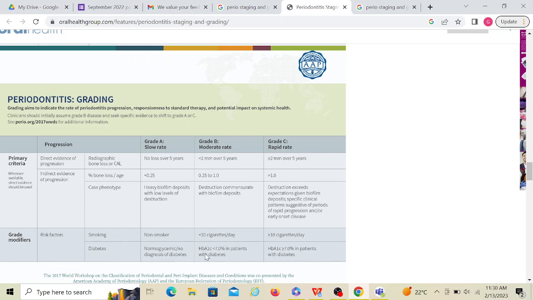So to come to the right grade, you need to consider both these factors. More than 10 cigarettes and more than 7 of glucose is grade C. No cigarettes but still uncontrolled diabetes is grade C. You understand? So both the factors have to be considered.